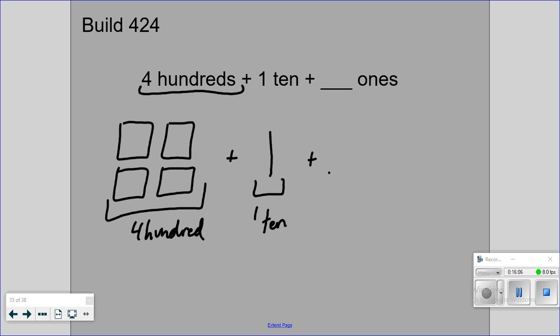And then I know I'm going to need some ones. If I'm at 400 and 110, what number is that? Shelby? I'm at 410. That's what that is worth. And I know I need to get to 424.